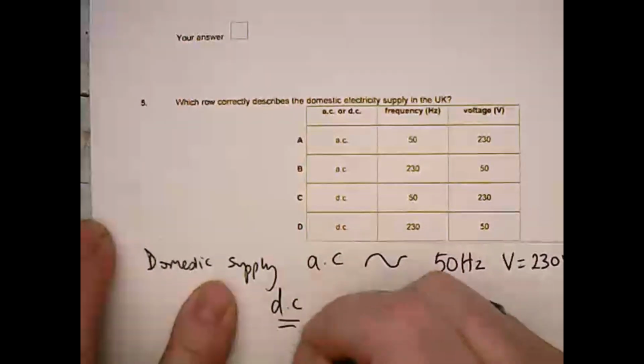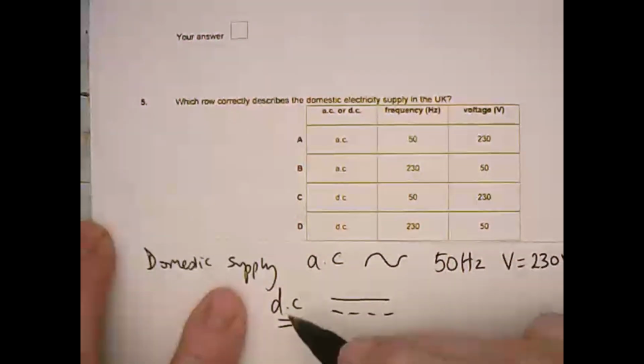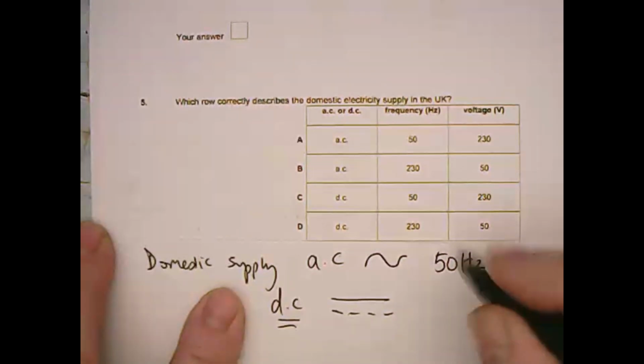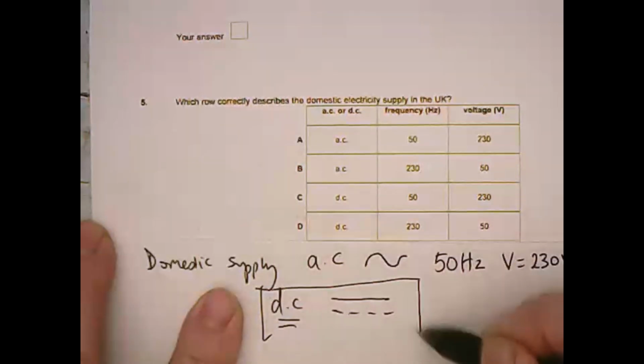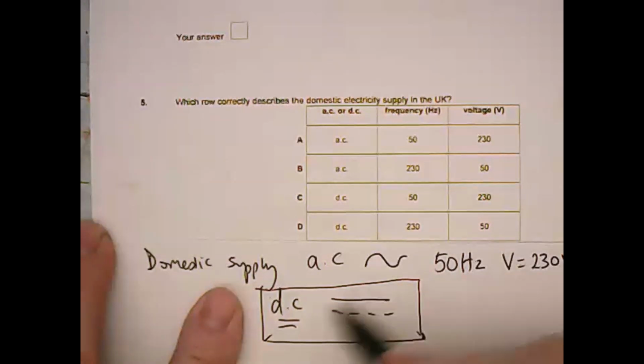Now, many appliances at home do run on DC. The symbol is more like that. It is not a continuous wave. It's called direct current. It does not have a frequency, and we can use transformers and electronic devices and circuitry to convert our supply to whatever direct current we want for each individual device.